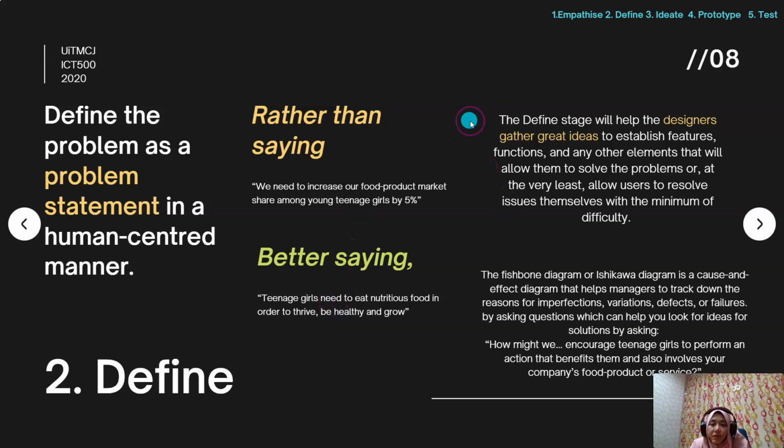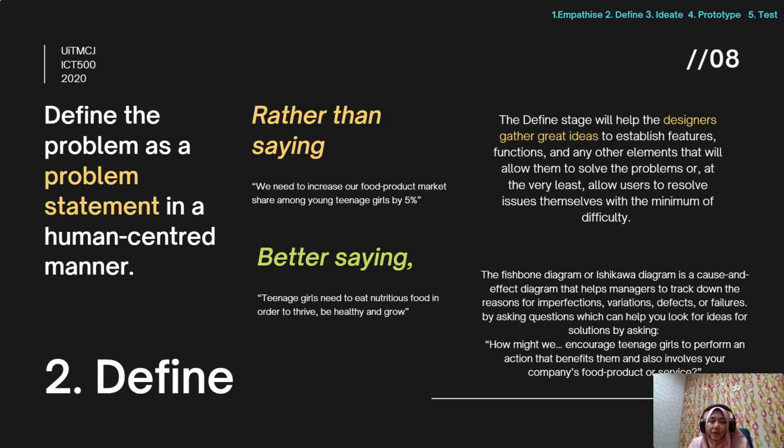In the define stage, we help the designers gather great ideas to establish features, functions and any other elements that will allow them to solve the problem. After you define the problem statement, you need to understand the problem and get some ideas, because after that we have the next phase, which is ideate.